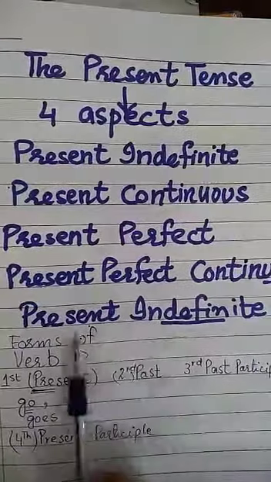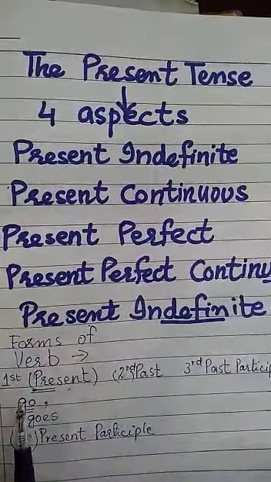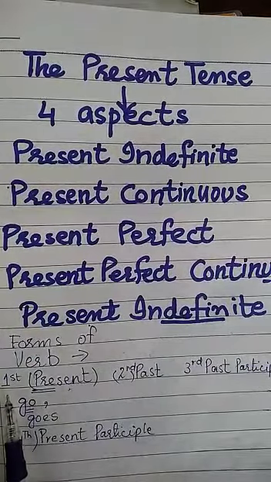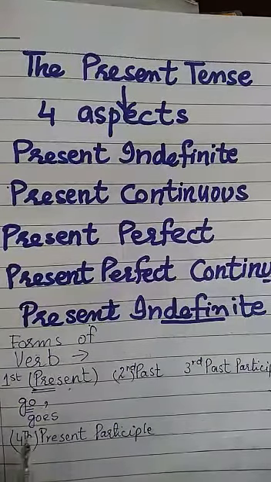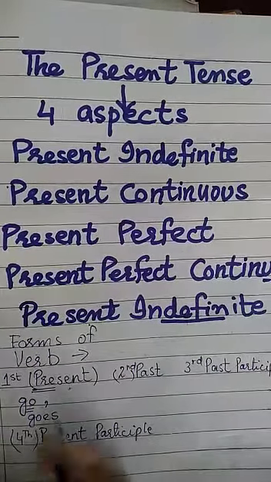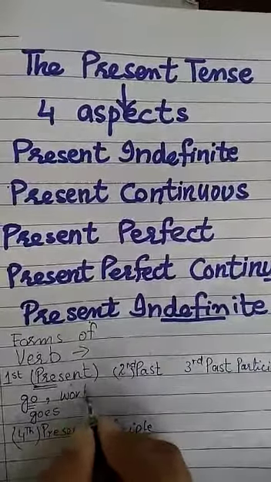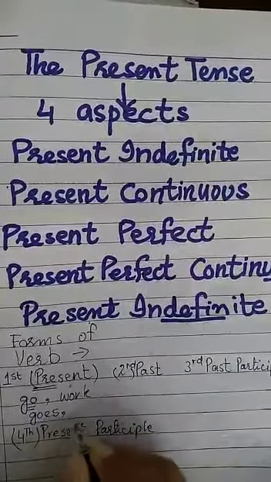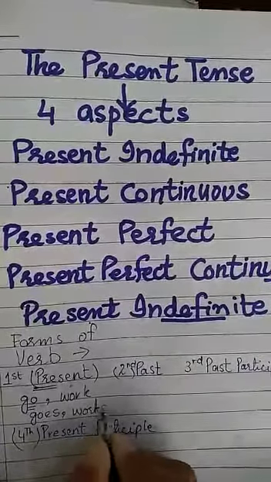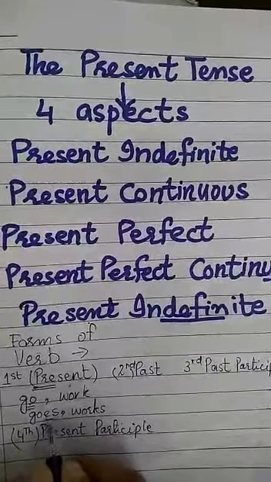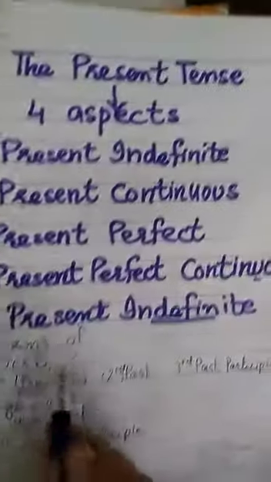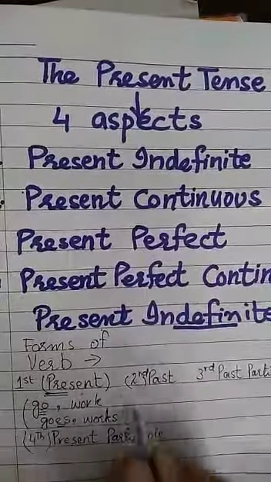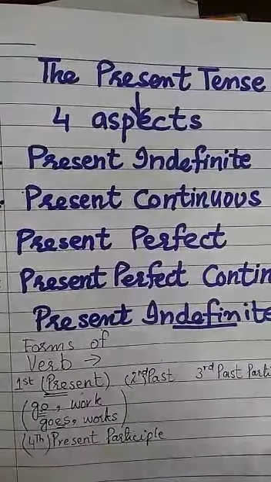This present indefinite is also called simple tense, right? So in this simple tense, you have to use the first form of verb, that is go, or the S or ES form, like work is the base form, and its S or ES form is works, and with go, you have to use ES, that is goes. Is it clear?